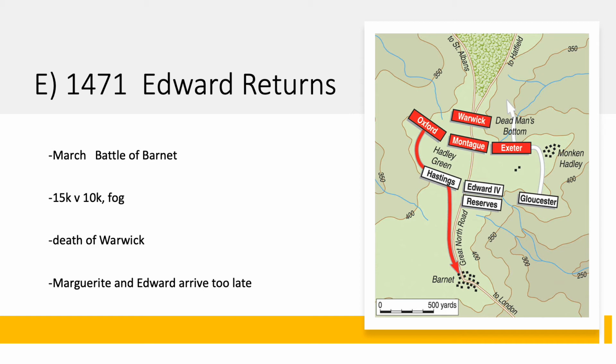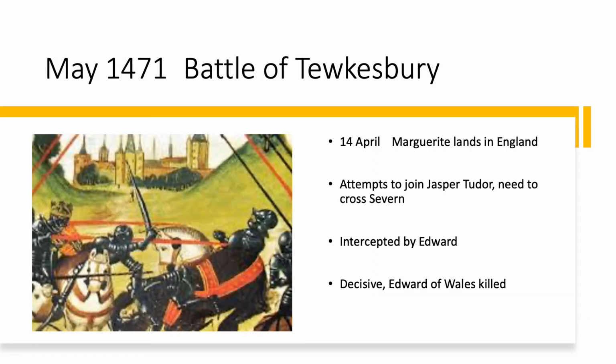And so the two Lancastrian forces attack each other, and eventually Warwick, in his attempt to flee the battlefield, is killed. Montague is killed, and Marguerite and Edward do have reinforcements, but they arrive too late, and so this is a huge victory for Edward. He follows that up in May of 1471.